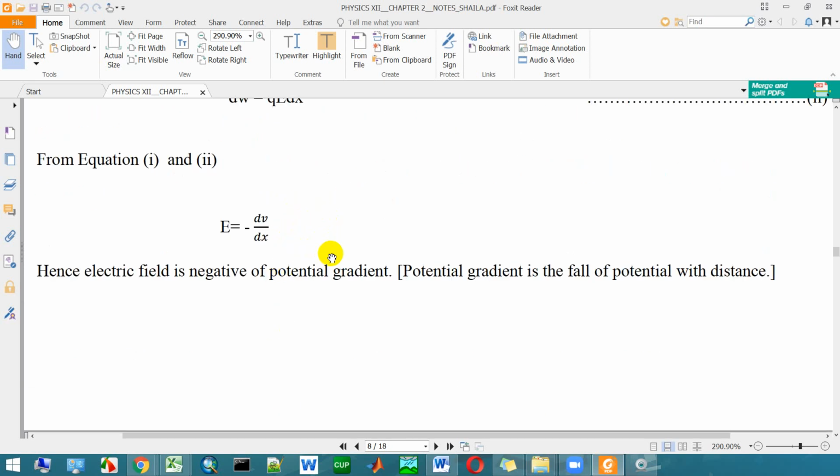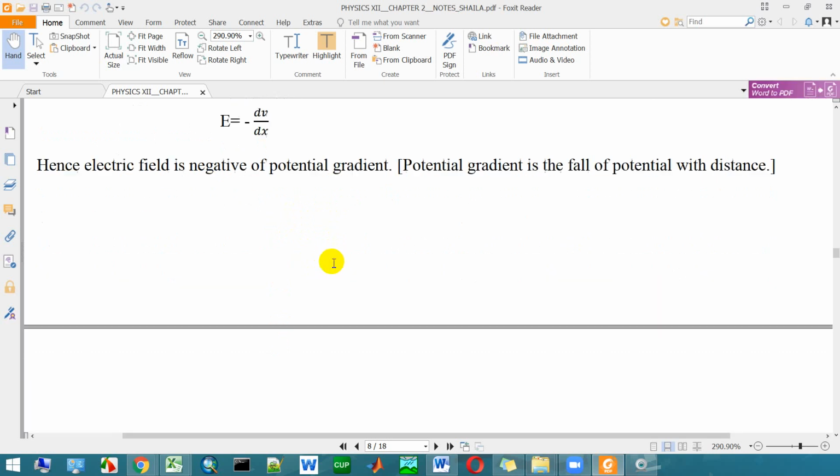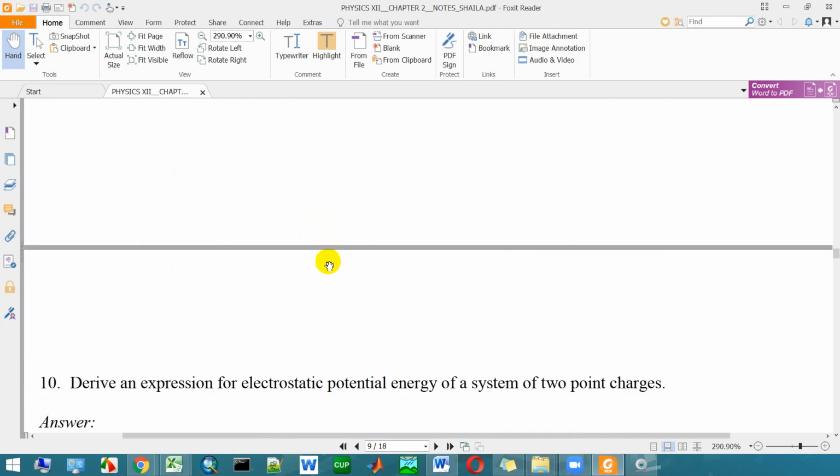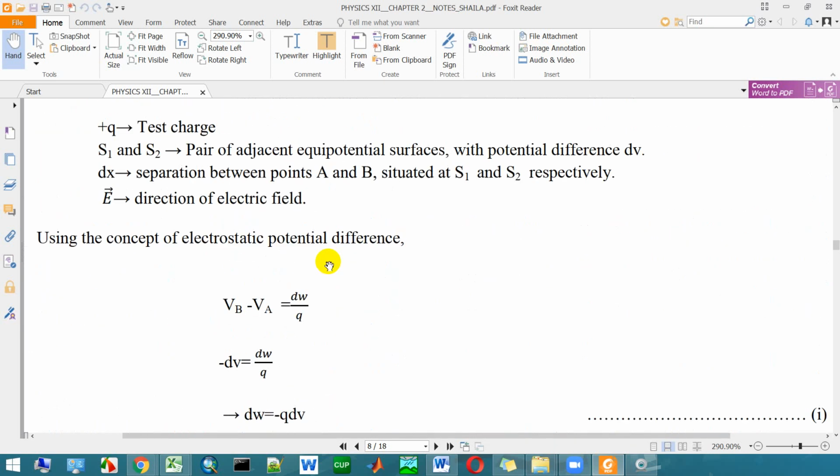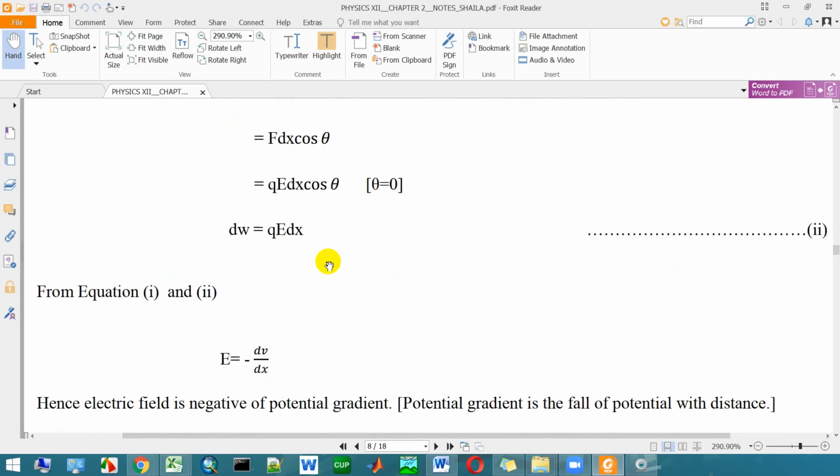You can write the SI unit of electric field in two ways: one is Newton per coulomb, another one is volt per meter. Hope it's clear to you what an equipotential surface is and how to represent electric field as the negative of potential gradient.